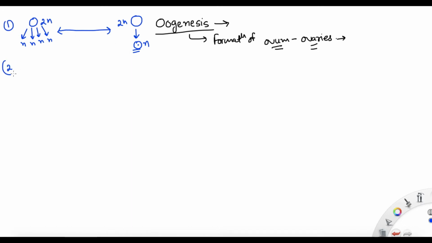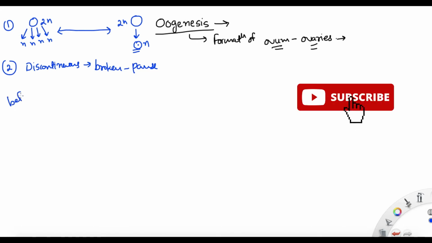And the second interesting point is the whole process of oogenesis is not continuous. It is discontinuous. And what does that mean? That means the process of oogenesis is broken down or there is a pause in between. Meaning the process of oogenesis, interestingly, actually starts before birth.